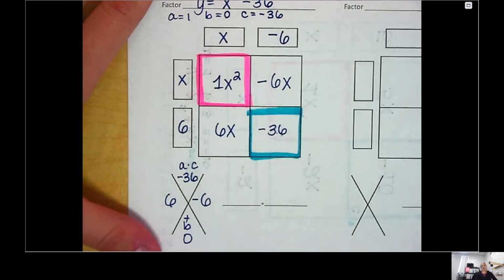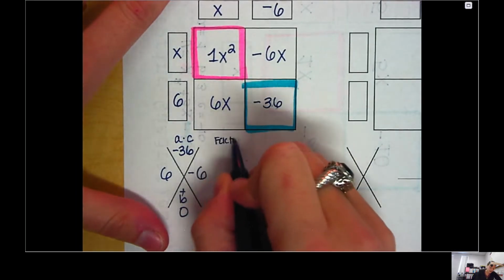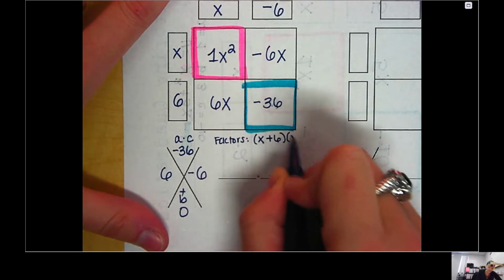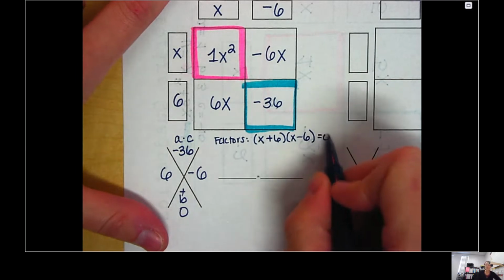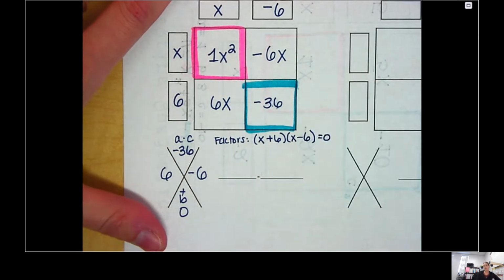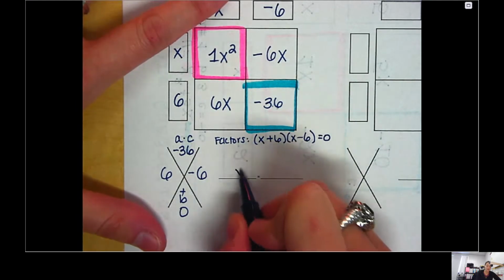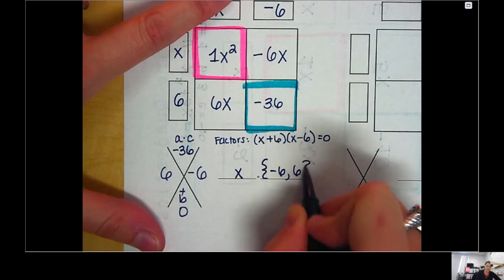So now your factors are, like you guys said, x plus 6 and x minus 6. If you set them equal to 0 and solve for them, what are you going to get? -6 and +6, exactly, because they would just flip-flop signs. So your answer is -6 and +6.